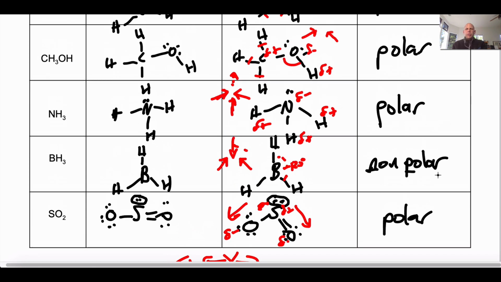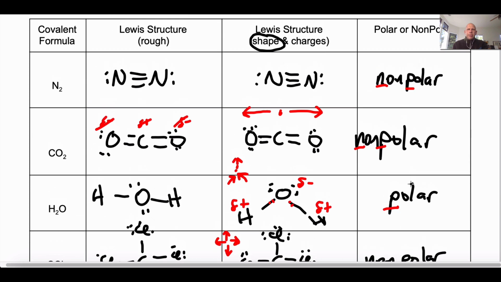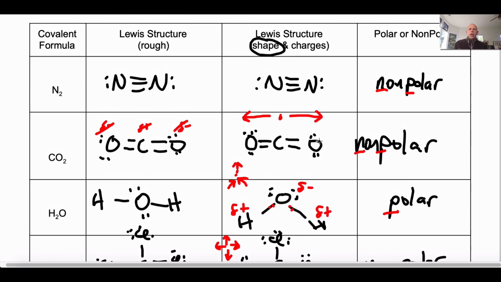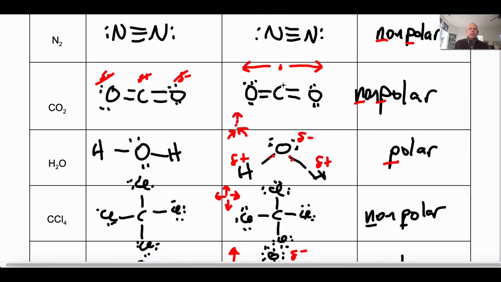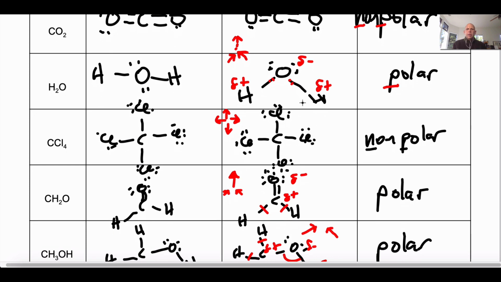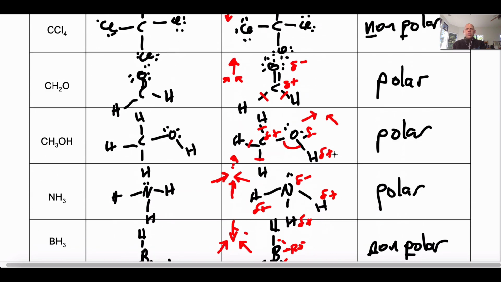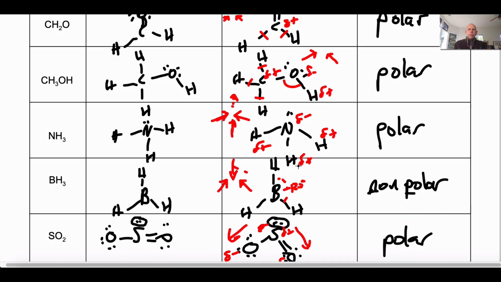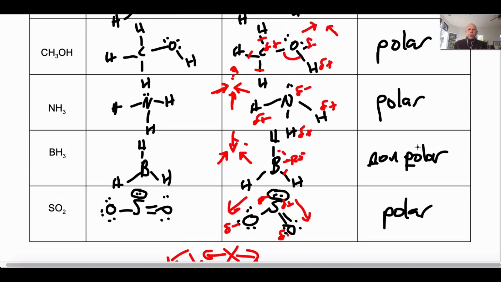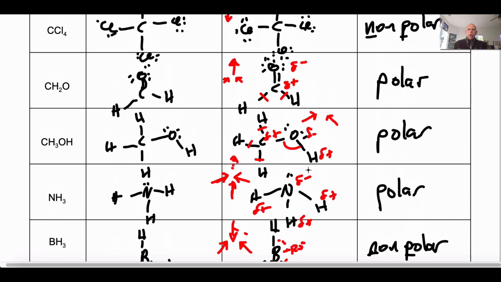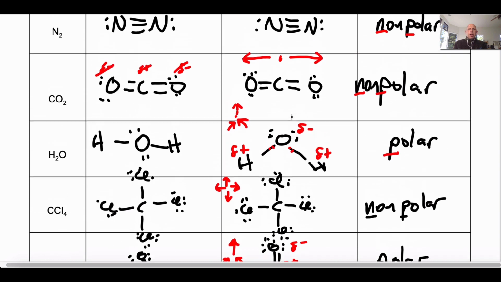So in review, and I want you to listen really, really carefully to this, okay? If there are no dipole arrows or the dipole arrows cancel out in equal and opposite directions, like we saw with these molecules, you're going to call it non-polar, and there are going to be no partial charges left because they all cancel.